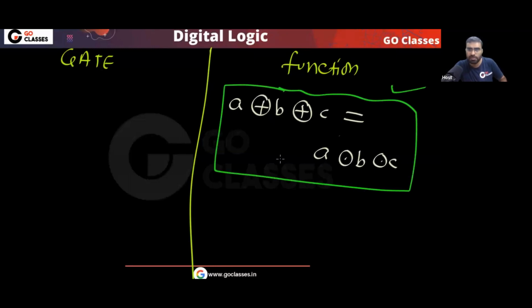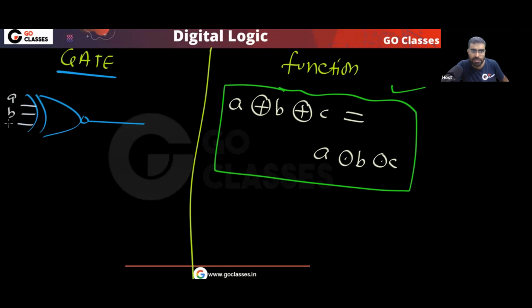But when you have this XNOR gate with three inputs A, B, C, remember this point: it is defined as complement of XOR.